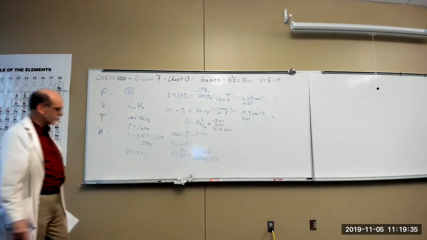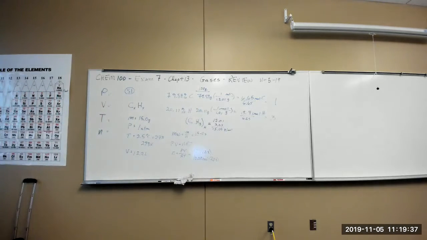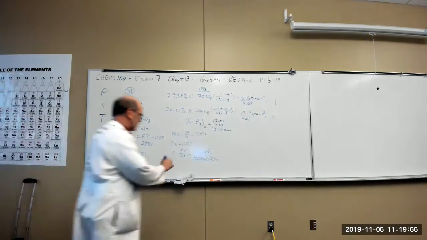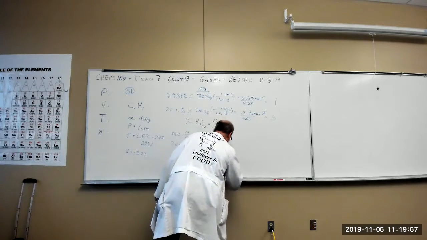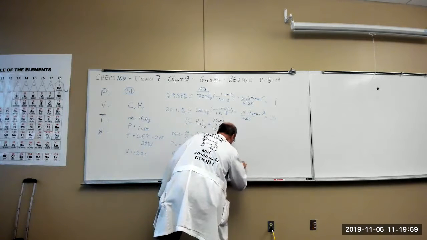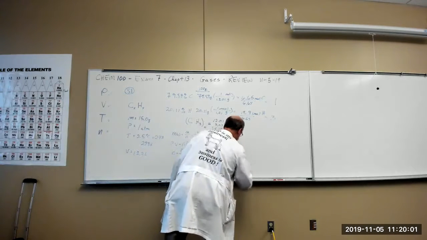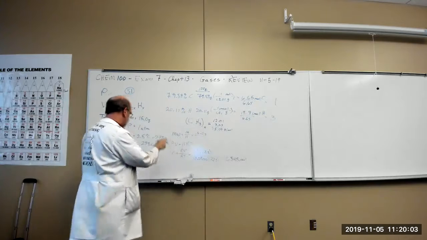Right? So what do we get for the number of moles? Let's see. I get 0.545 moles. So now we have the moles, we have the mass.